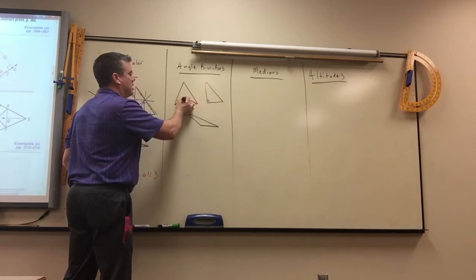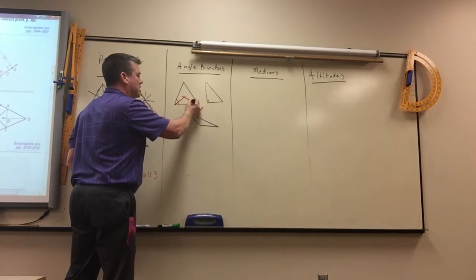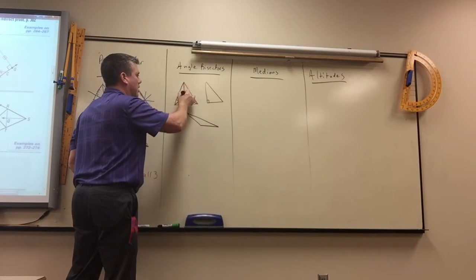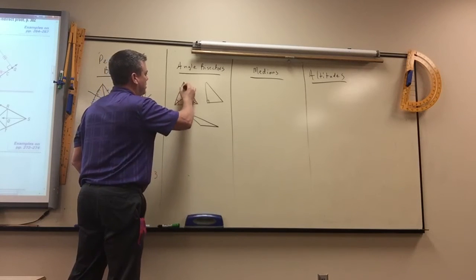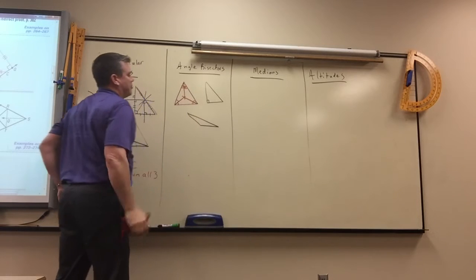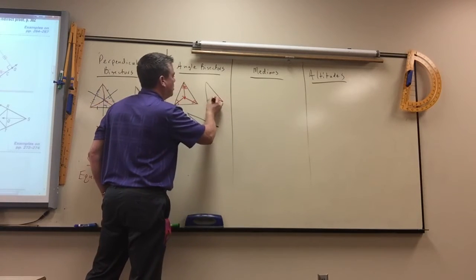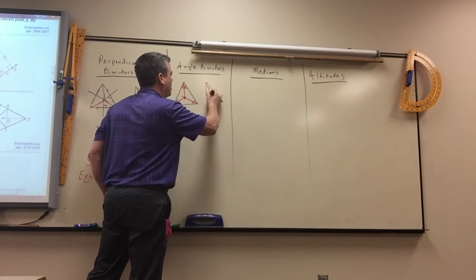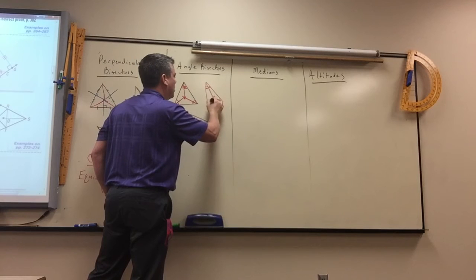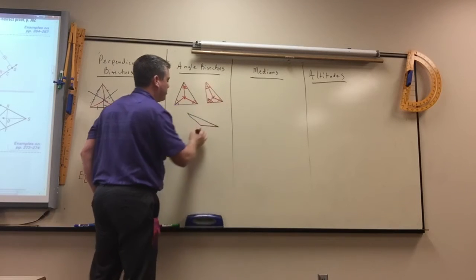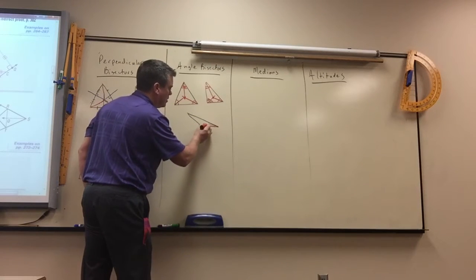And then on this one, you'd have to put 2 marks there to show they're equal. Then this one, you put 3 marks. So they all intersect in the same spot. This one's a little smaller.